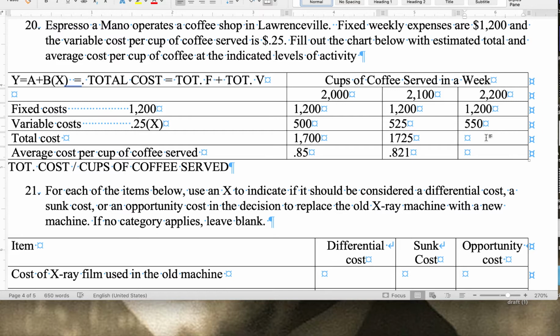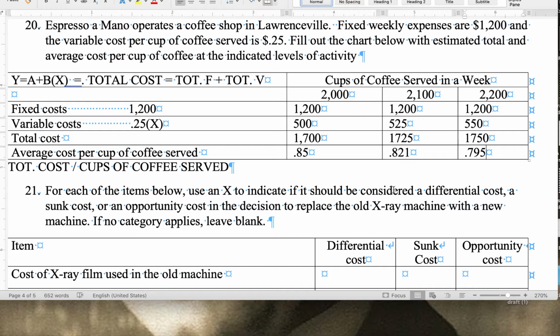To figure out total cost, I take my total fixed plus my total variable costs. That ends up equaling $1,750. Now, what's my average cost per cup of coffee served? Well, if I take $1,750 divided by 2,200, it should be 0.795, or 79 cents. Okay?